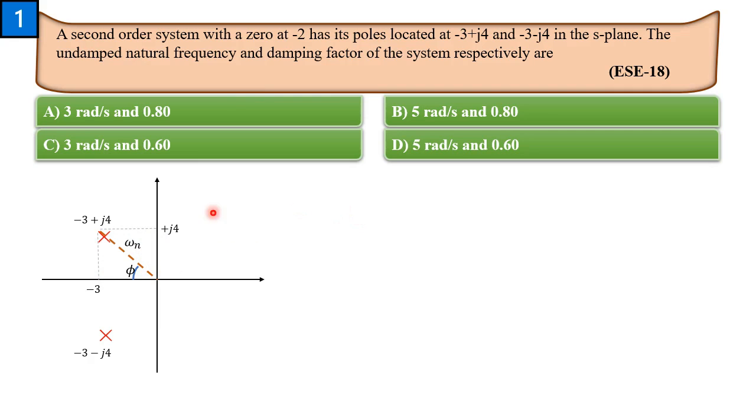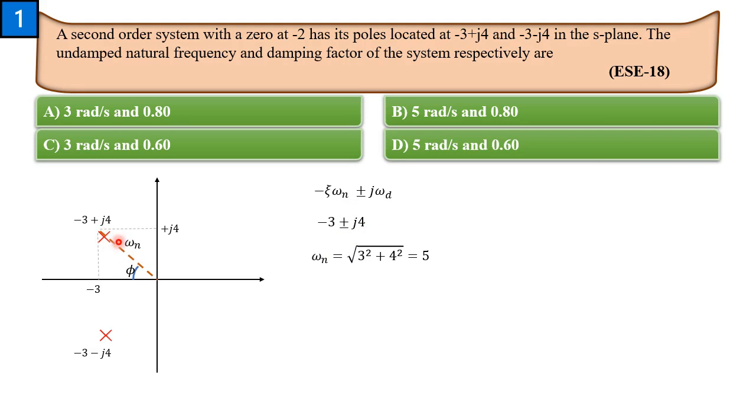Okay, now this is minus zeta omega n plus j omega d, as we have seen in our previous lectures. So in place of minus zeta omega n we have -3, and in place of plus minus j omega d we have j4. So zeta omega n is 3 and omega d is 4.